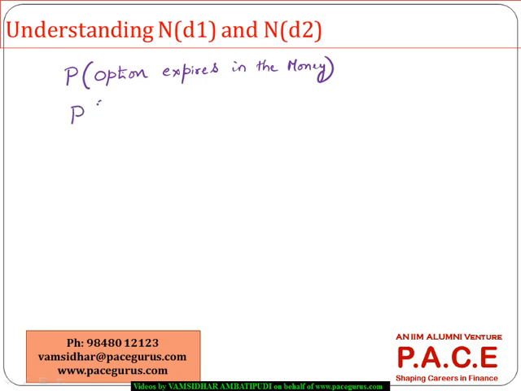When I say the probability that the option expires in the money, the spot price on the maturity date at time t should be greater than the strike price in case of a call, and the spot price should be less than the strike price in case of a put. Correct?